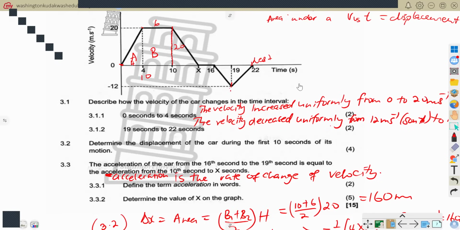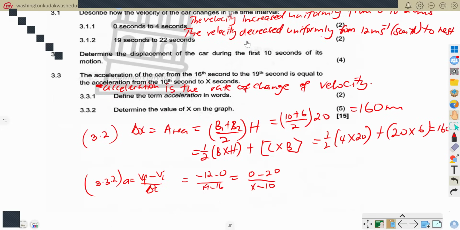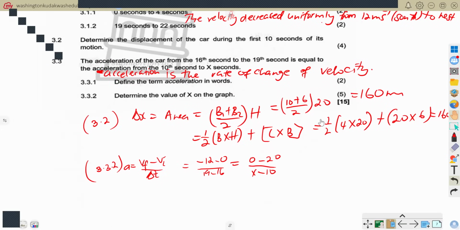So that is how you would calculate your acceleration, because they told us that those two accelerations are the same. So now, given that, we get negative 12 on top divided by 3 should be equal to negative 20 divided by x minus 10. Maybe I should have represented my x in this format.